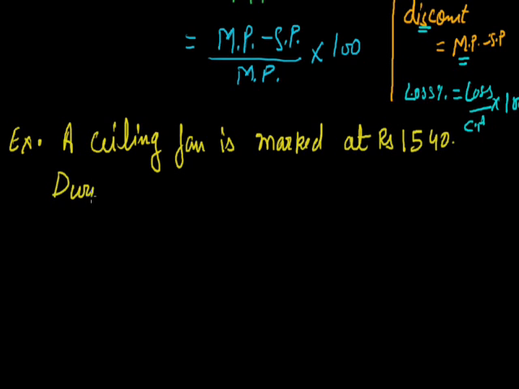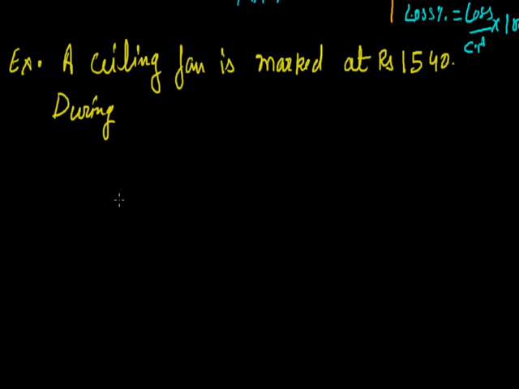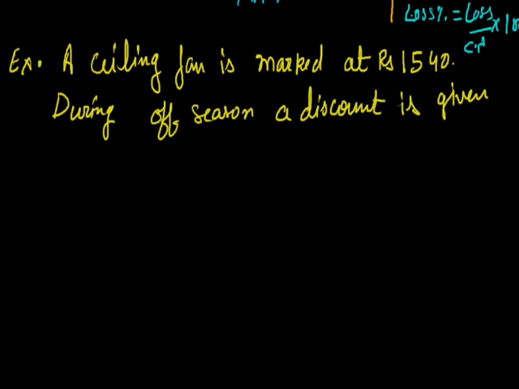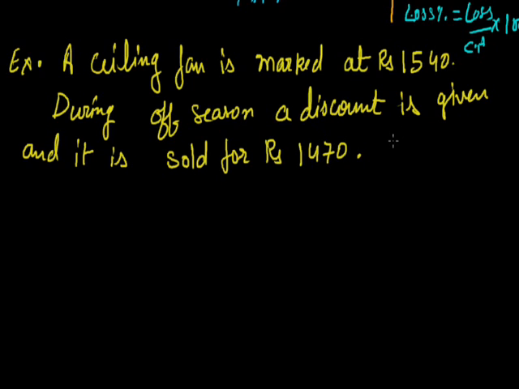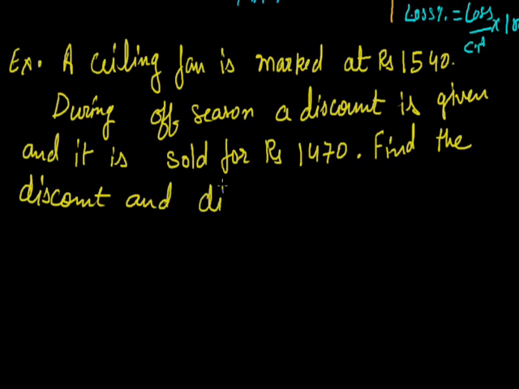During the off season a discount is given, and it is sold for rupees 1470. Now we have to find the discount and the discount percent allowed.